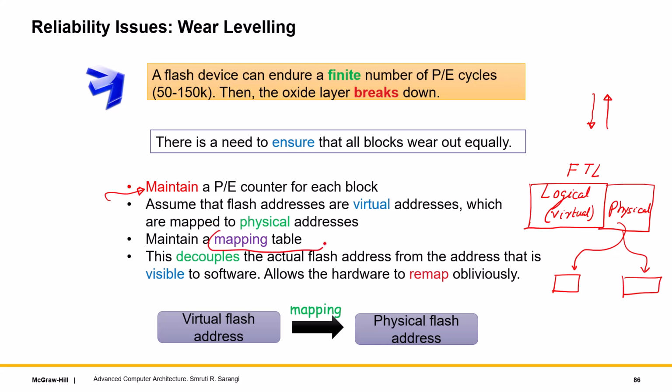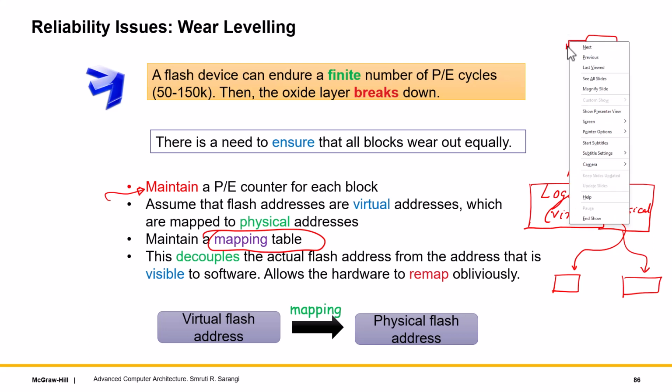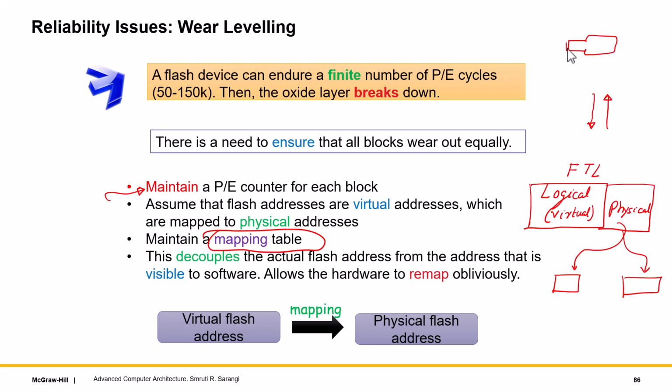So we need a mapping table and we need a lot of logic to keep track of accesses as well as predict future addresses. And the process of remapping happens within the flash device. Anytime we buy a USB key, the entire flash mapping part is happening within the key, so we don't even get to see that.